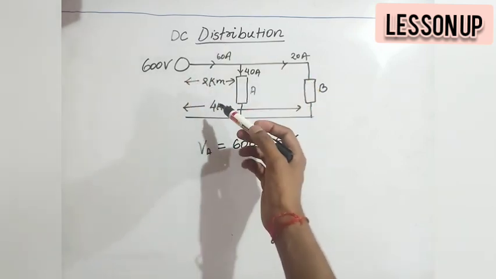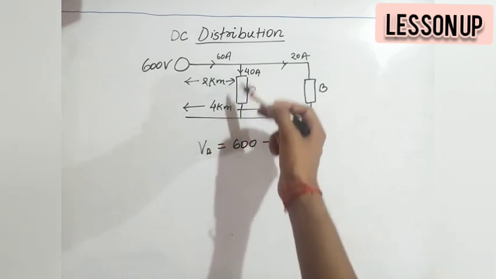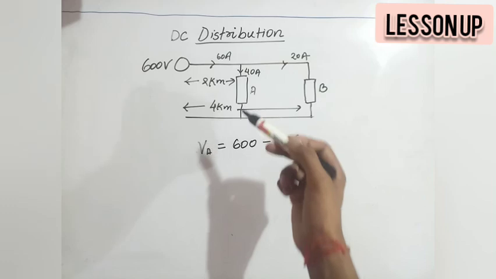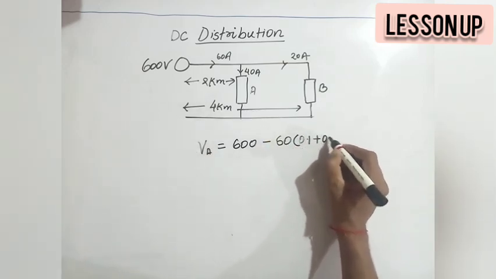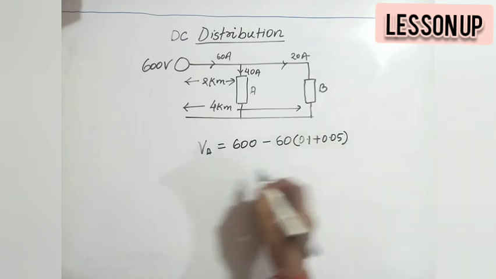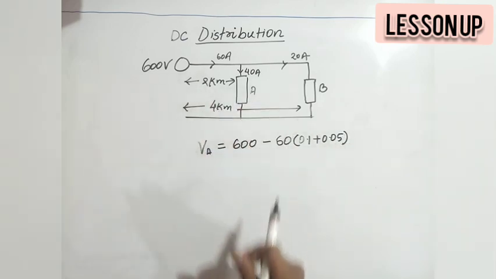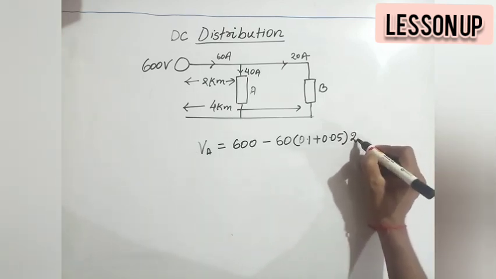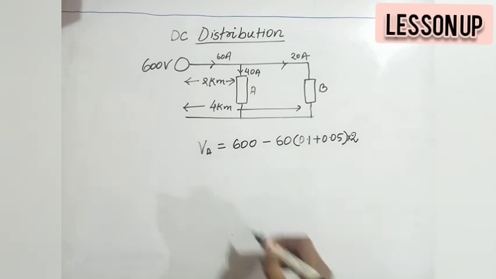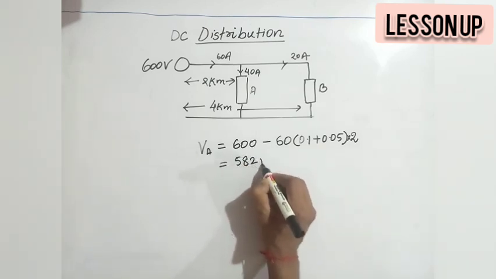The resistance of the track is 0.05 and the resistance of the trolley wire is 0.1. So the total resistance will be 0.1 plus 0.05, and the distance from the substation to tram car A is 2 km. So VA will be equal to 582 volt.